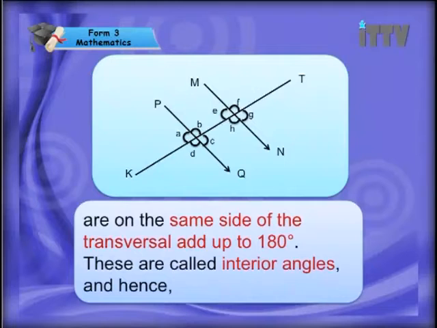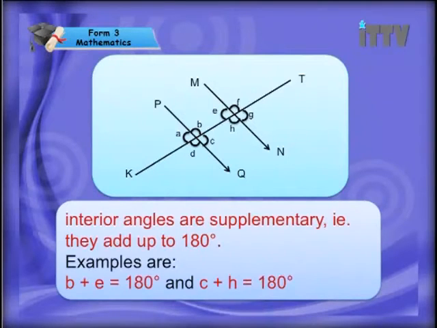These are called interior angles, and hence interior angles are supplementary in nature. That is, they add up to 180 degrees. If you look into the examples, angle B and E are interior angles.